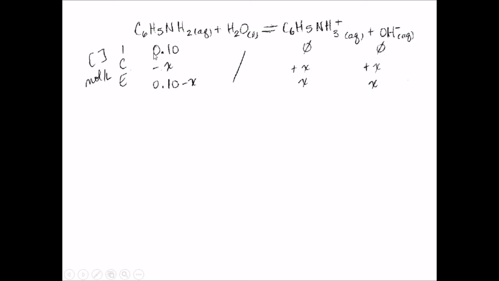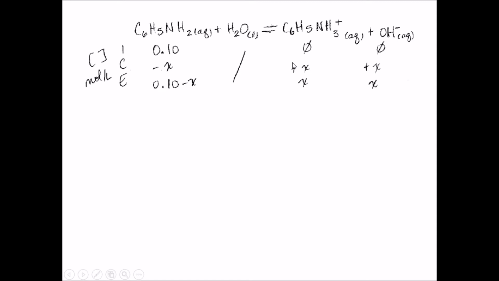Initially, we are provided with the concentration of the base, which is 0.10 moles per liter. Our products were not provided in the question, so therefore we have to assume that they are equal to 0. We were not given an equilibrium concentration for any species in the chemical equation.